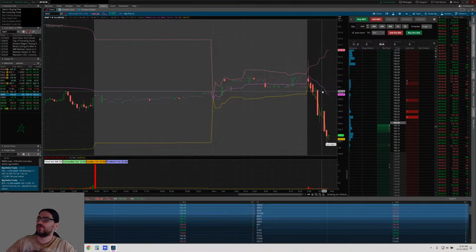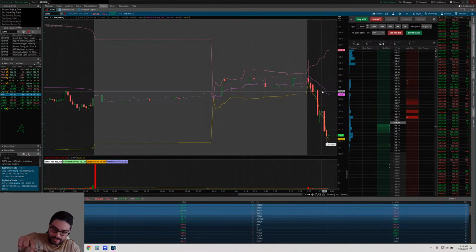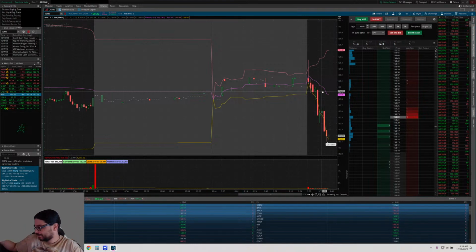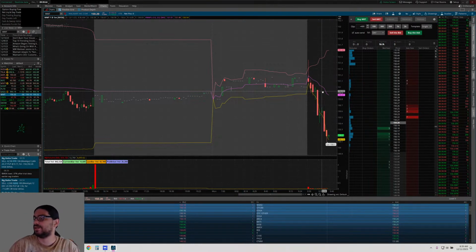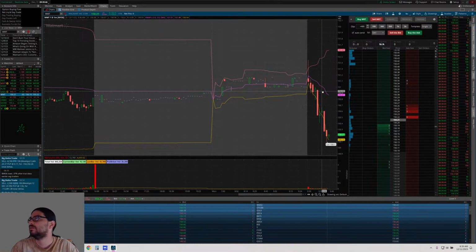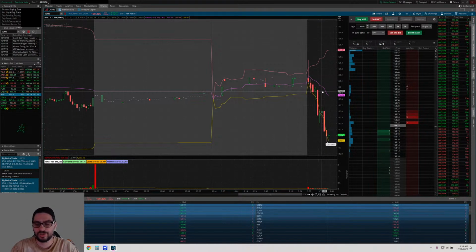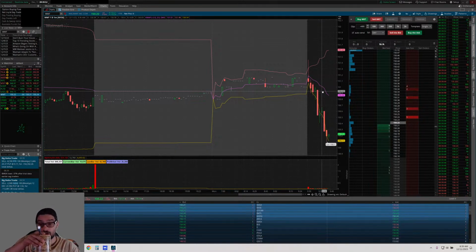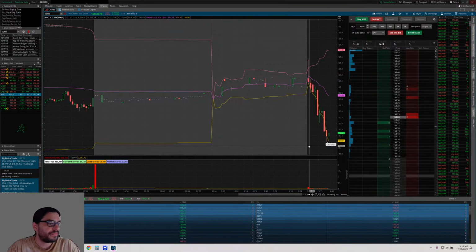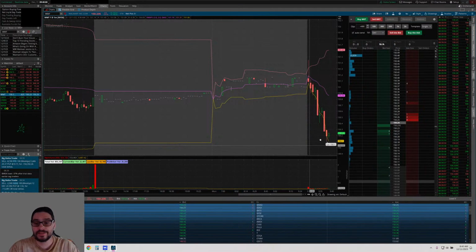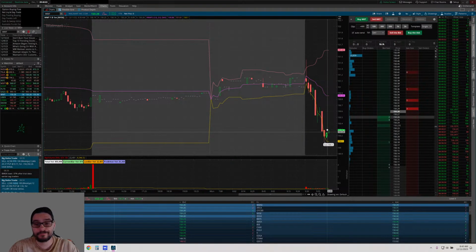But with Spy and Queen not looking bad and showing support and actually growing, I don't want to take a position going too short because that could definitely cause a reversal in some of these mid to large cap stocks. So I'm just going to hang tight, but I would like to short this one.